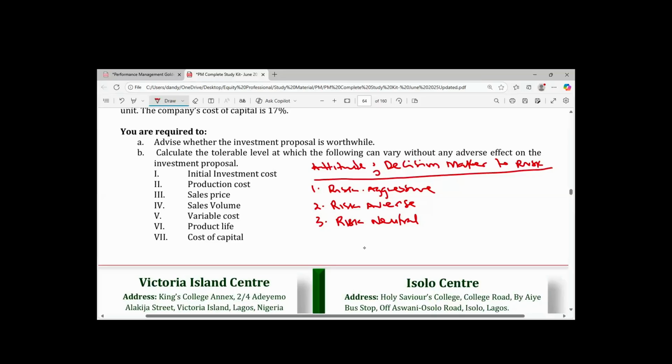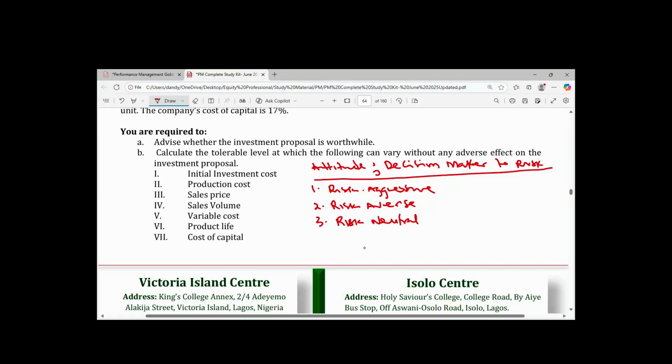The last one is risk neutral. A risk neutral is an investor or a decision maker that does not seek or avoid risk. Such a decision maker is willing and ready to accept any outcome in any condition or state of nature.